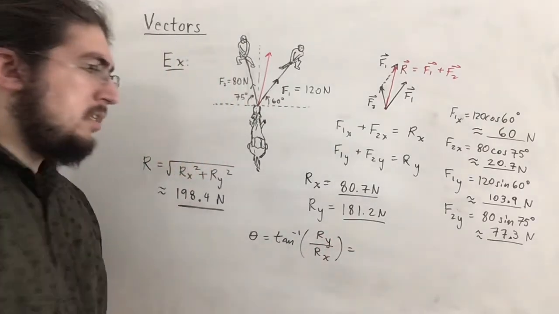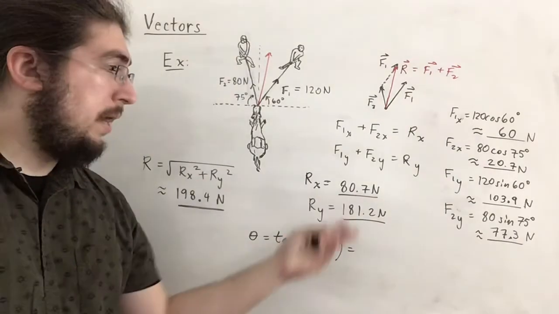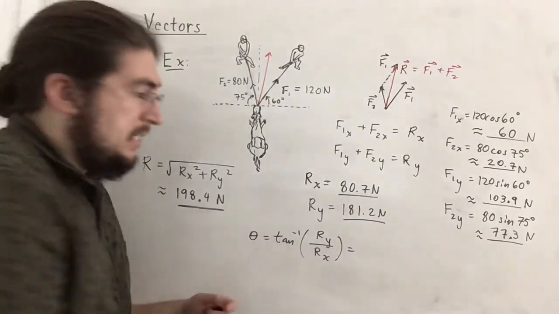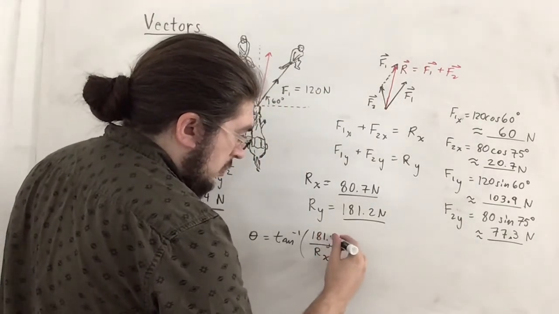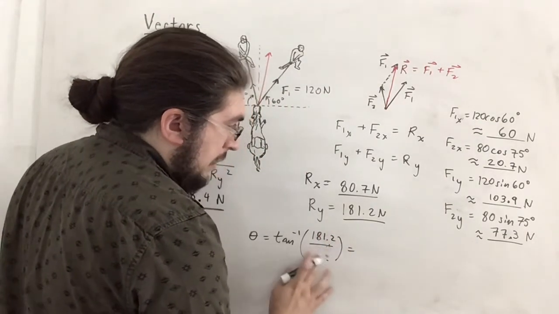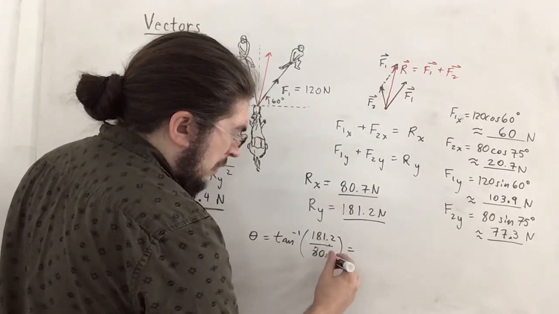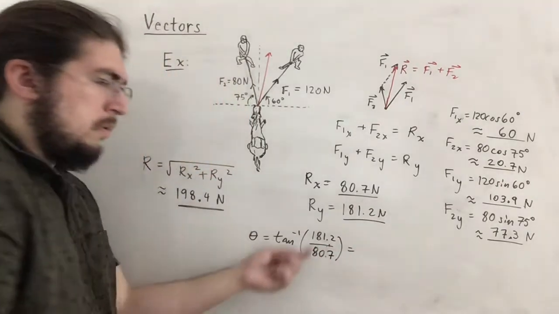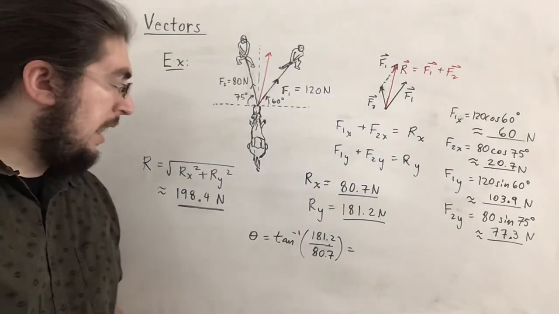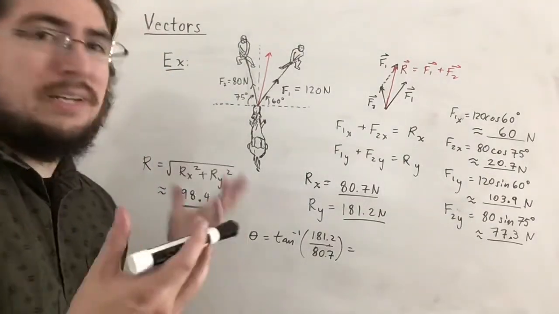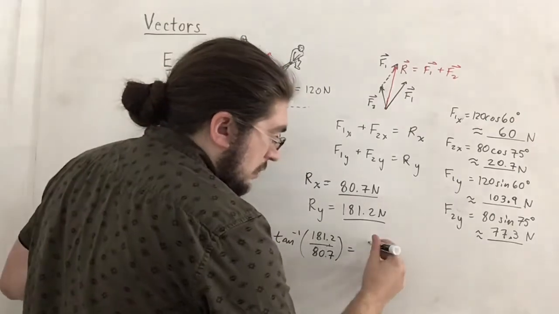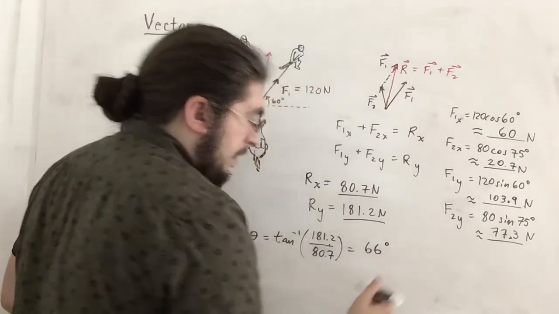So really all we need to do is divide 181.2 by 80.7 and take tangent inverse of that. So notice Ry is just 181.2 newtons, Rx is 80.7 newtons. I'm not writing the unit because the unit will cancel in the division. And now let's see what we get with our calculator. I actually did it already. So I got 66 degrees about, if you round.